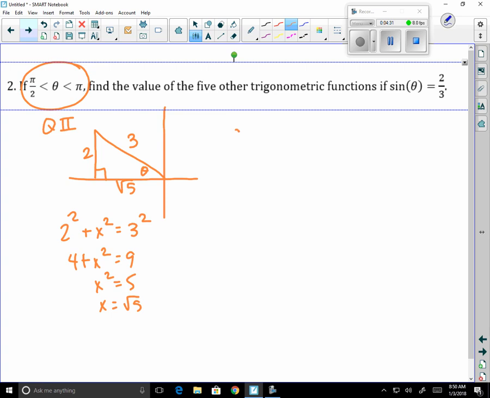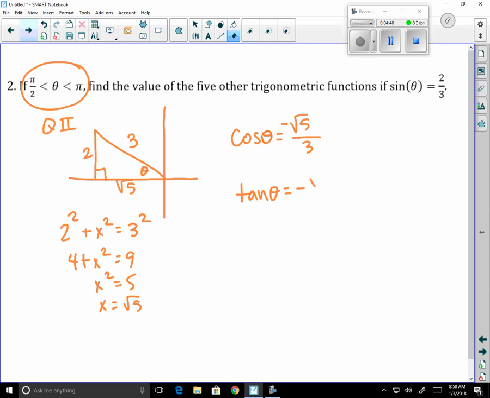So we can find cosine. Cosine is adjacent over hypotenuse, but it's negative because we're in quadrant 2. I can find tan. Tan is opposite over adjacent, so that would be a negative again, but this would be 2 over radical 5. I'm not even going to rationalize, I'm just going to leave it like that.